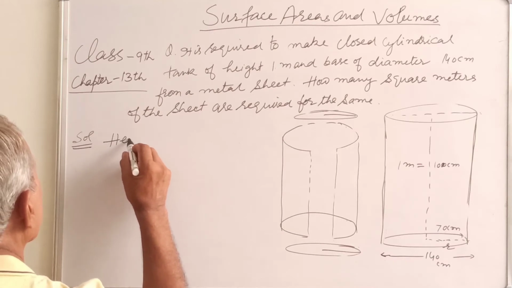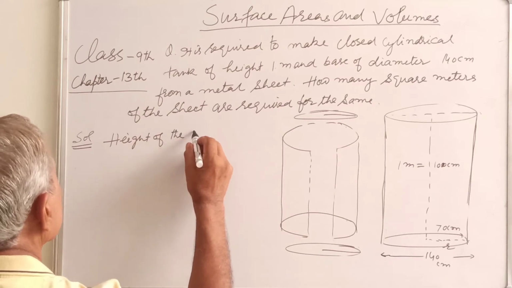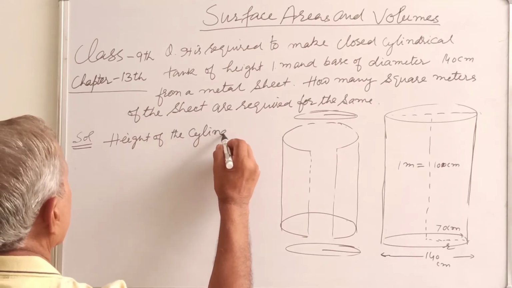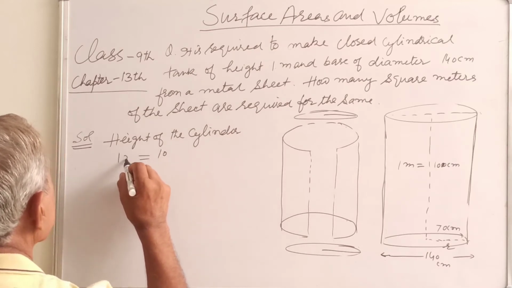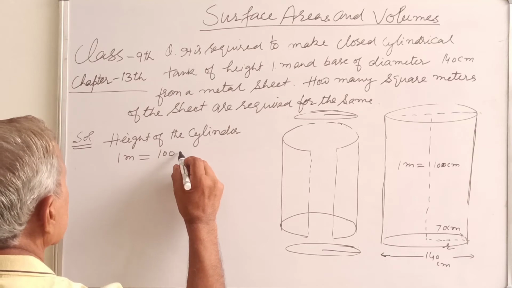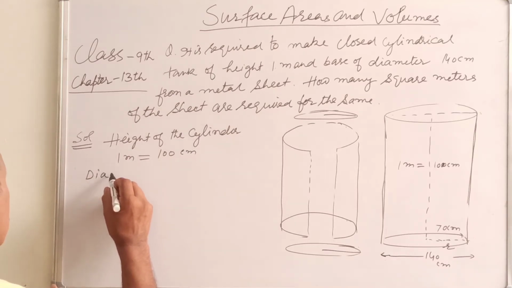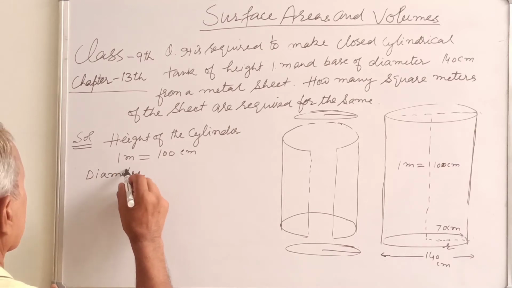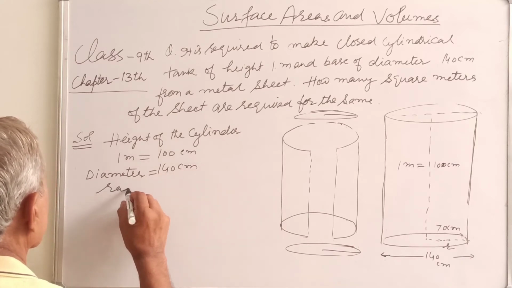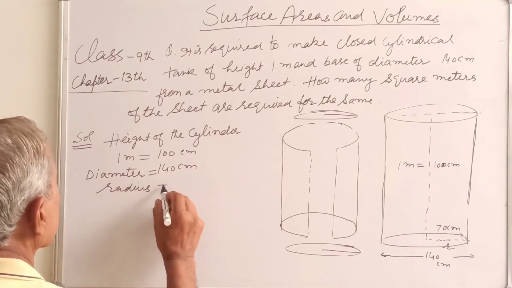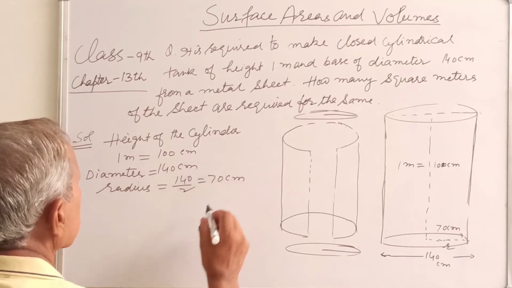Height of the cylinder, that is 1 meter. That 1 meter means 100 centimeters. Diameter 140 centimeter. The radius will be 70 centimeters.